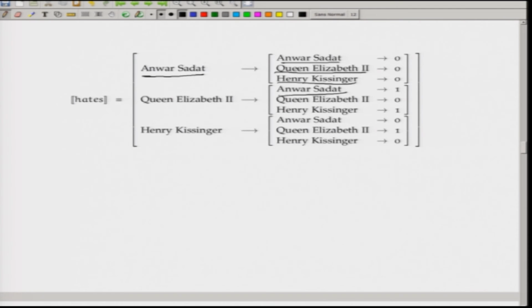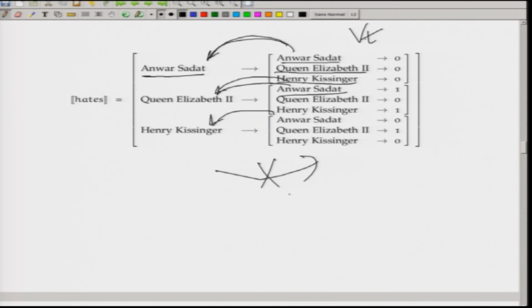It is not Elizabeth hates Anwar, it is this direction. Always we need to understand that for the 2 place predicates, or in our case the VT, this is the direction, it is all the time this.